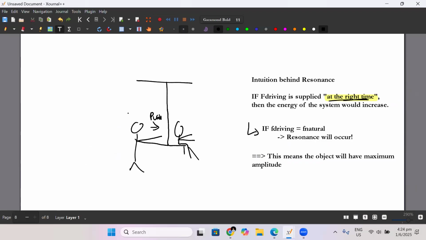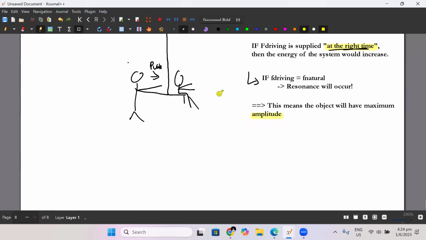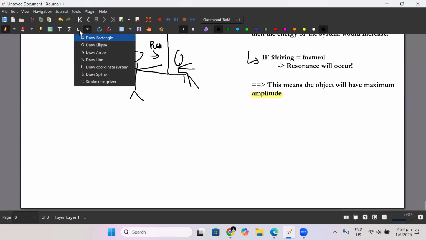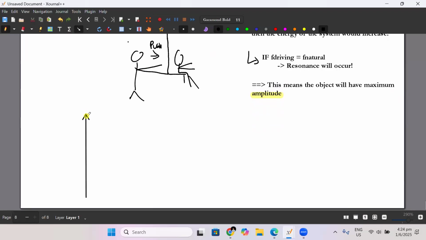Why? Because amplitude is proportional to the energy. The amplitude squared is proportional to the energy. I'll justify myself, but let me draw out the graph for you first. You must remember this graph. We'll call this amplitude, and then we'll call this frequency.